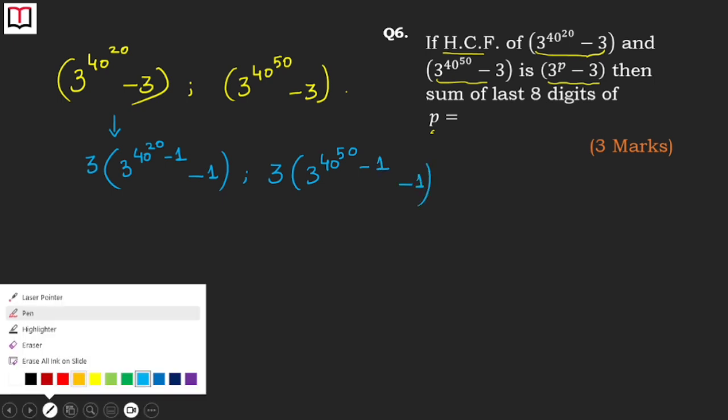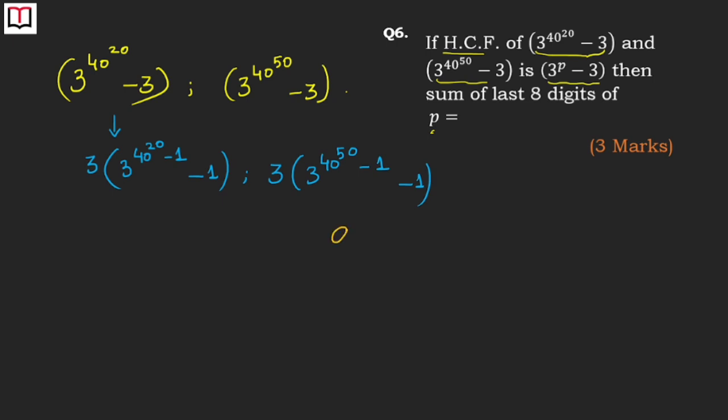Now I will take you to something like a raised to the power p minus 1. One factor for sure is a minus 1, whether p is even or odd. I think all of you agree.